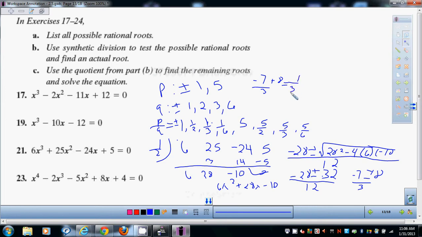His compressed polynomial was this. If you took out -5, it was different, but you should still get the same answer. Then you take your quadratic, plug it in, and after he did all that, he got 1/2, 1/3 and -5. And now notice, all 3 of those are rational, and all 3 of them were on his list.